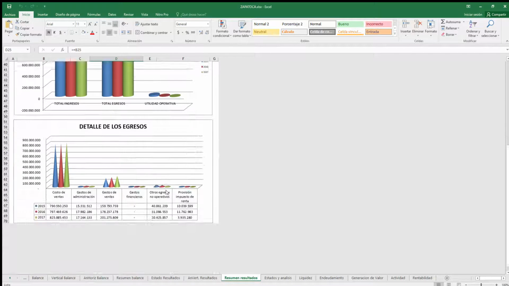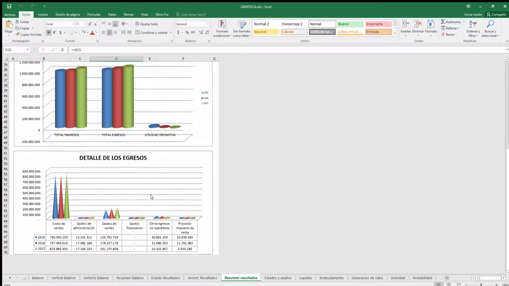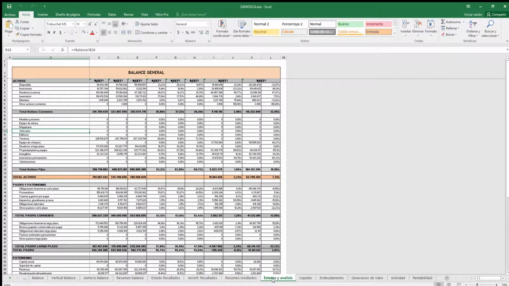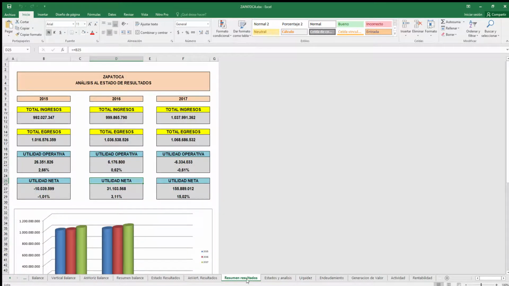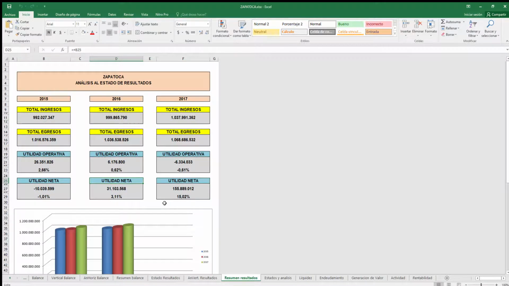And this is the summary of the result of the exercise. As you can see, it is the same as the analysis of the state of results showed previously.